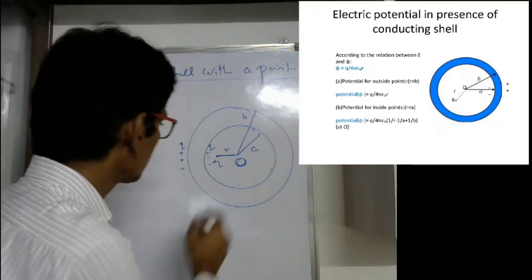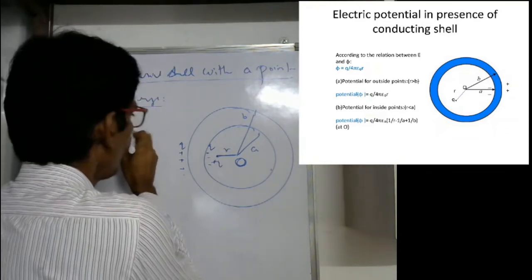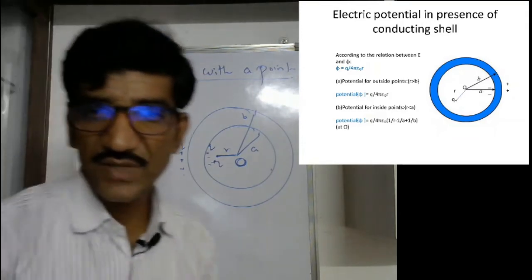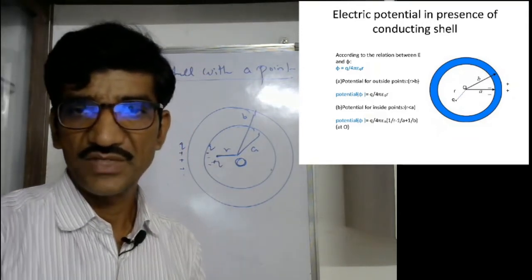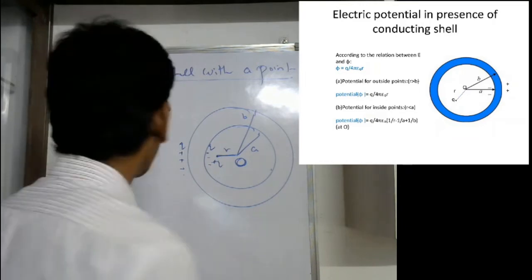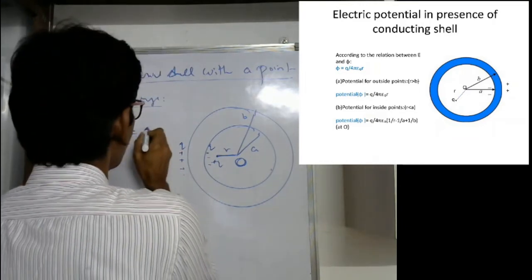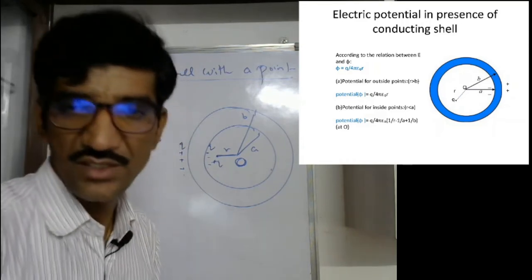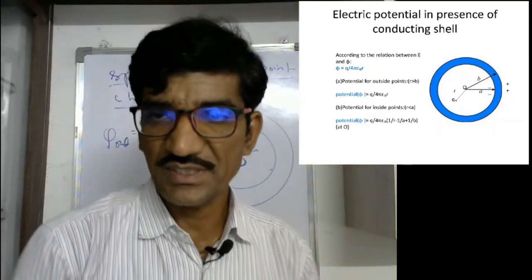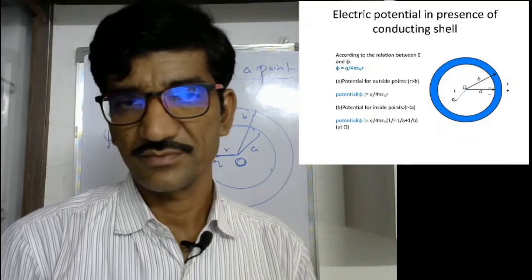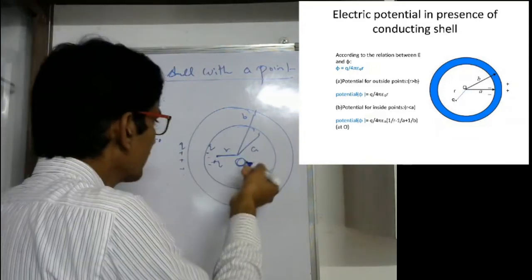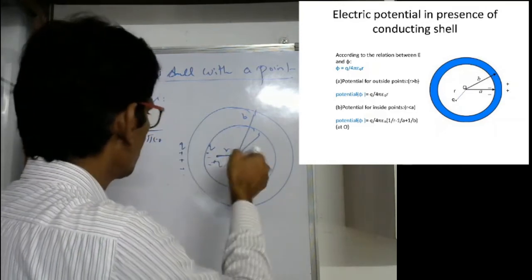Phi out is simply Q by 4 pi epsilon naught, times the distance.